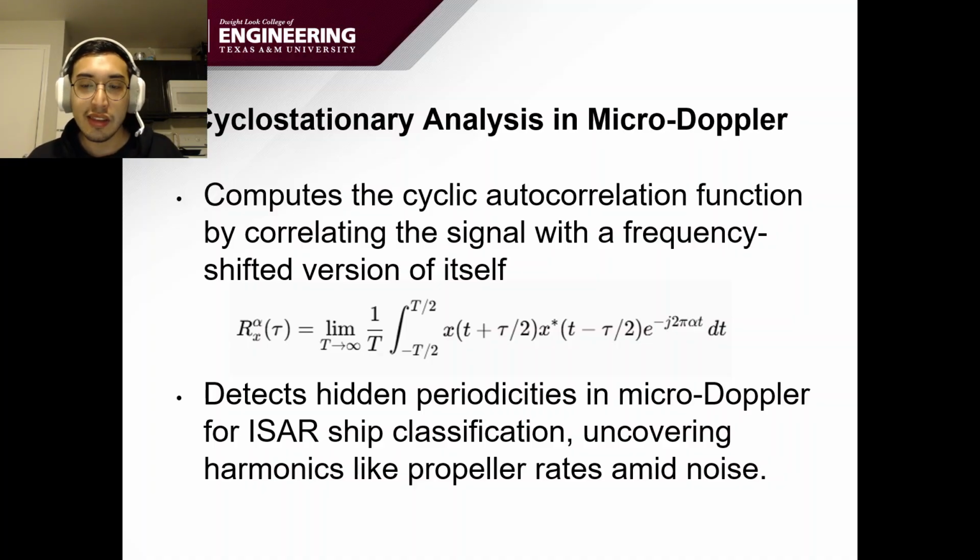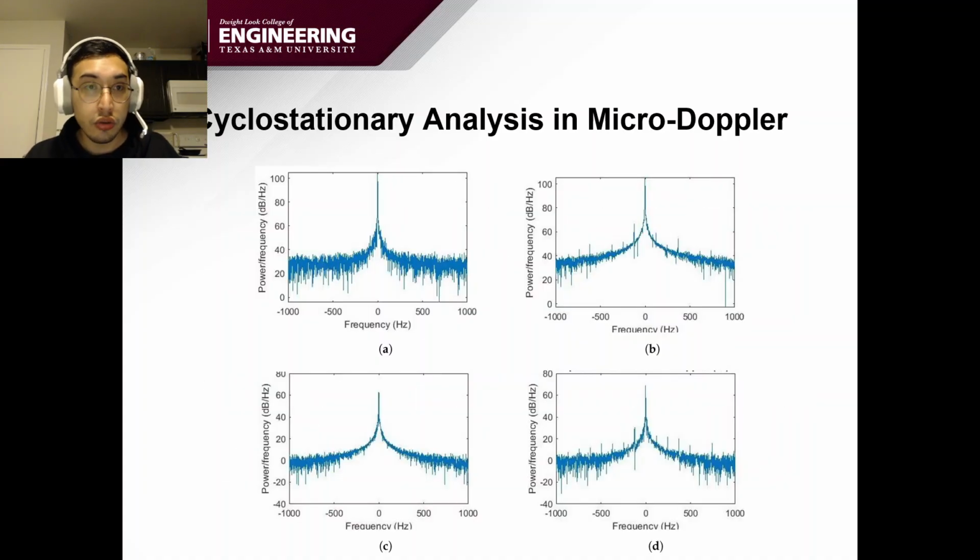And this allows us to detect hidden periodicities in the micro-Doppler that regular standard autocorrelations cannot provide. So now we can create a contour plot that incorporates these micro-Dopplers that other contour plots cannot provide. And now we have another unique identification device or graph that identifies a specific helicopter or car.